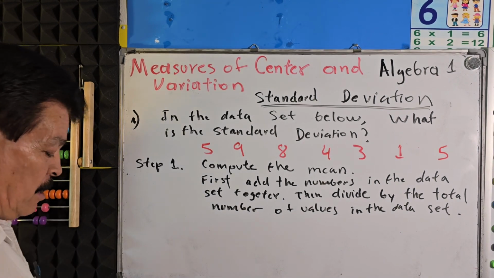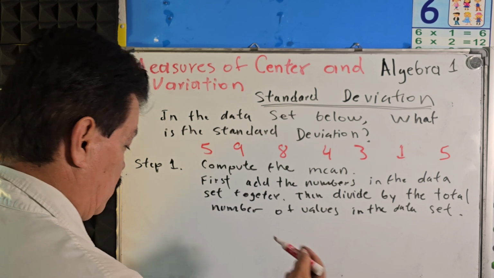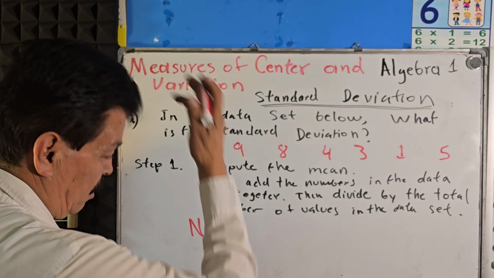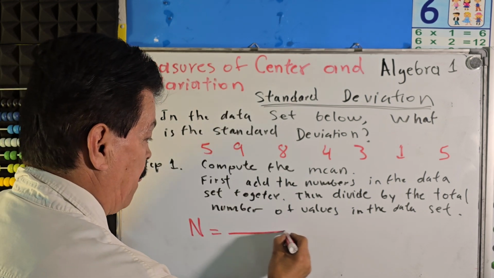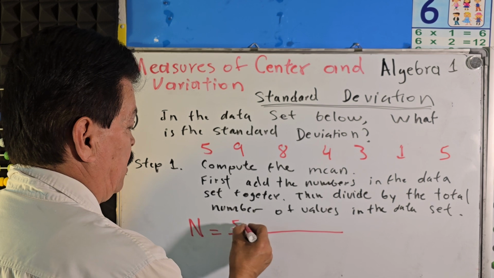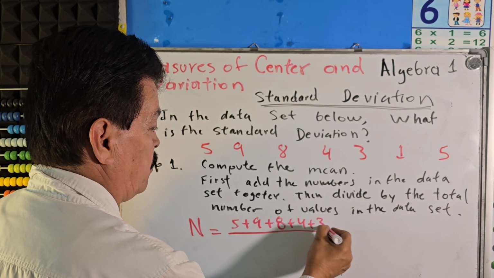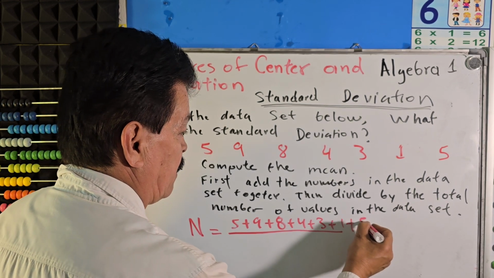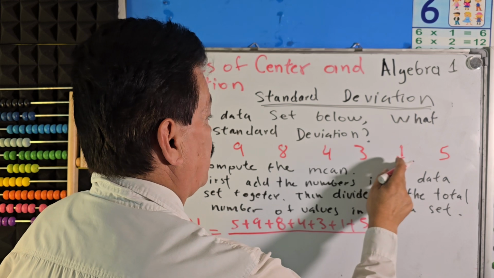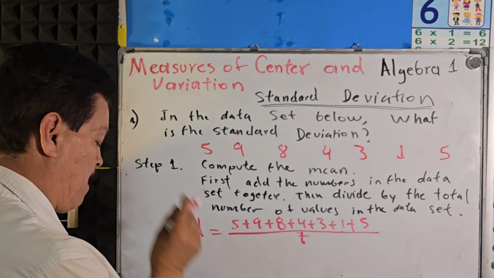So to do this, let me show you how. The mean equals all the numbers, so we have to write all the numbers here: 5 plus 9 plus 8 plus 4 plus 3 plus 1 plus 5, divided by 1, 2, 3, 4, 5, 6, 7. All right, 7.